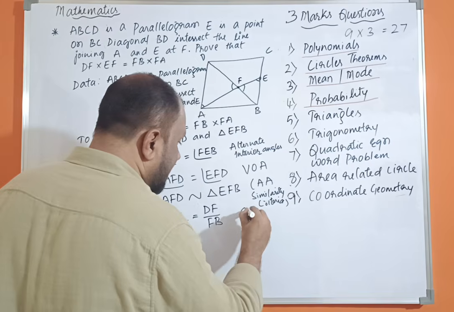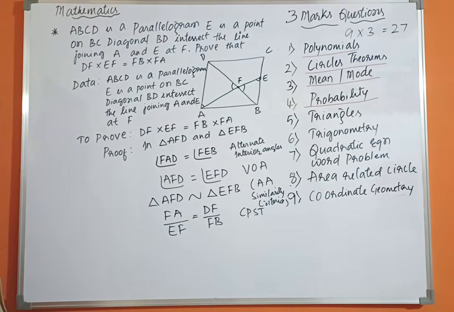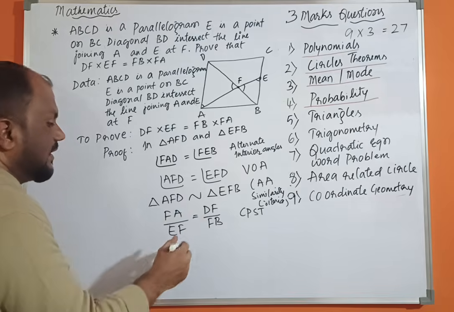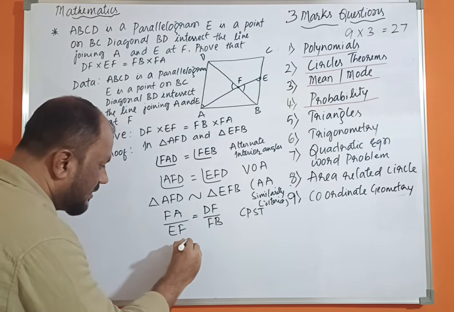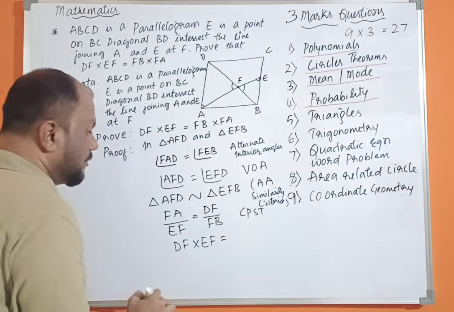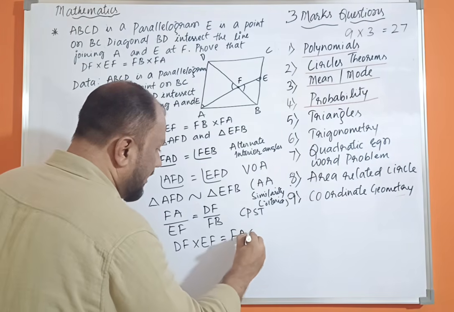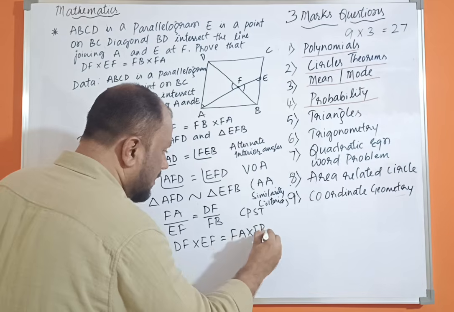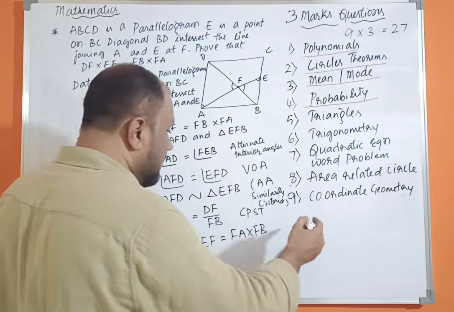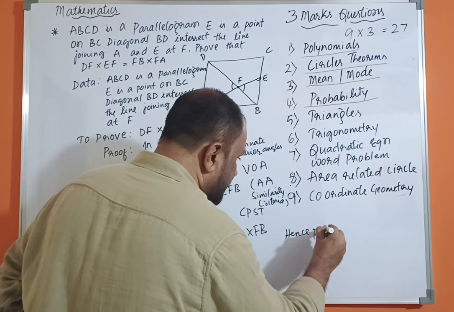So the reason is what? Corresponding parts of similar triangles. So now you cross multiply. EF into DF is equal to FA into FB. So very simple, this one. Hence proved.